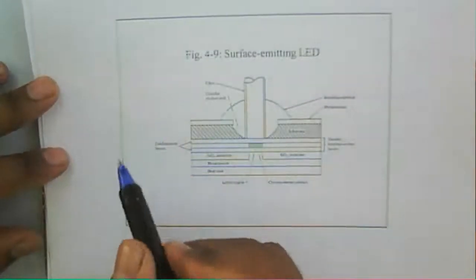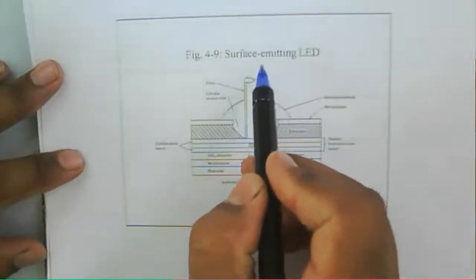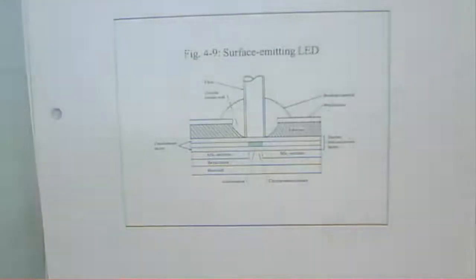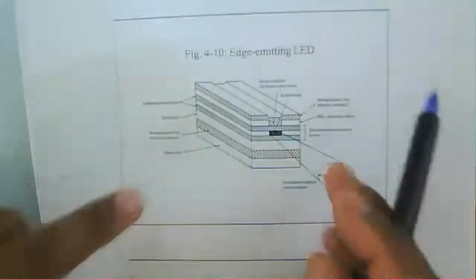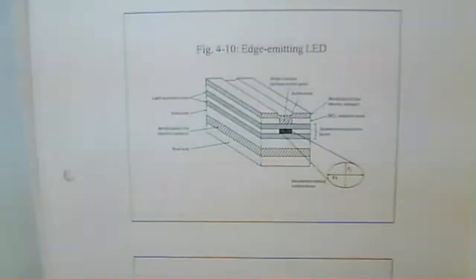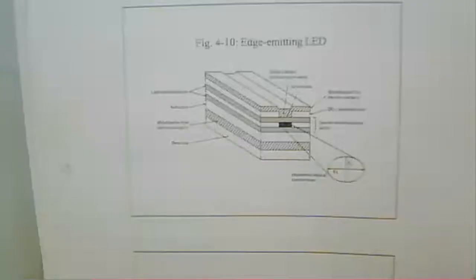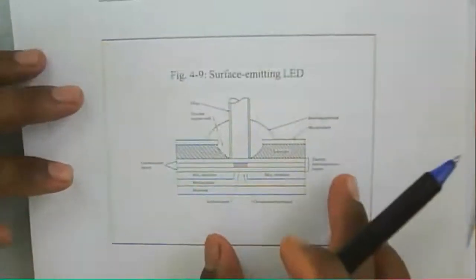Generally, an LED configuration for a given fiber is either a surface emitting LED or an edge emitting LED. There are two types of configurations used in the light emitting diode, and we'll see them one by one, starting with the surface emitting LED.